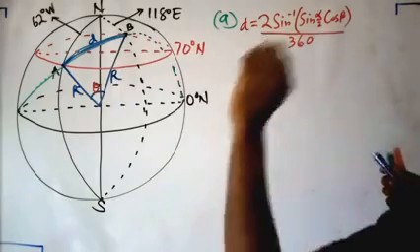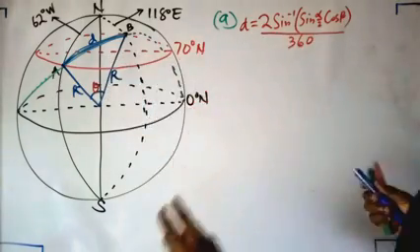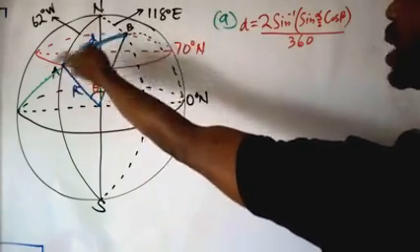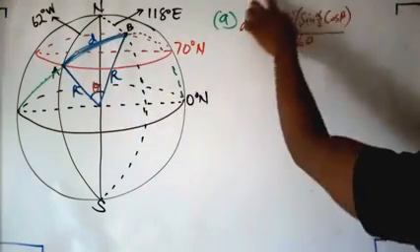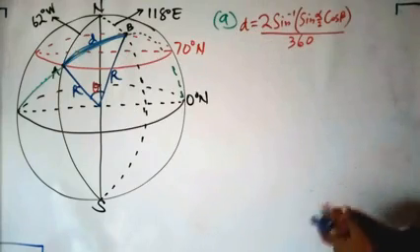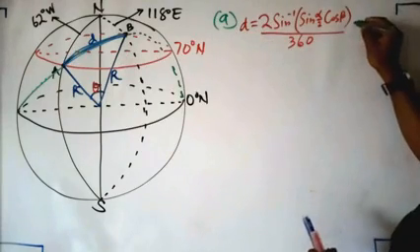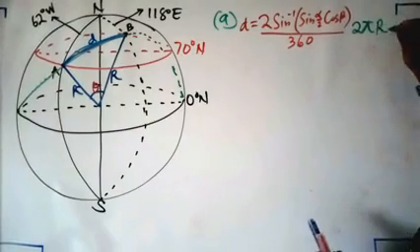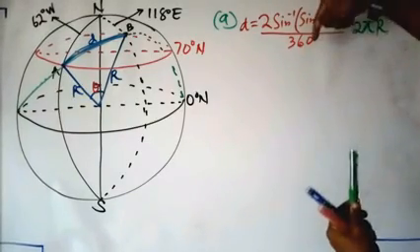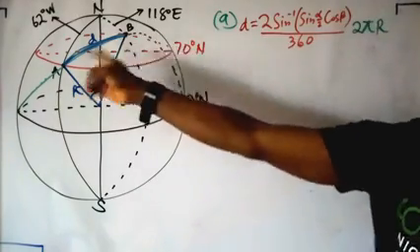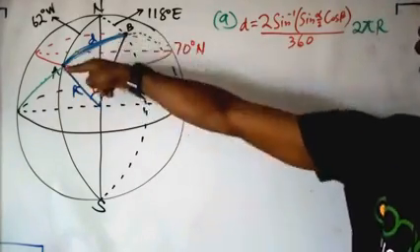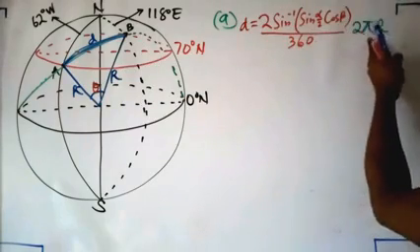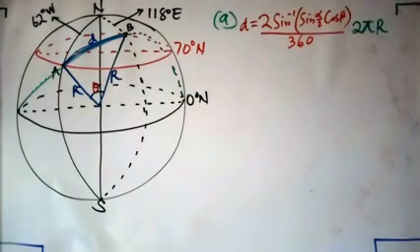To find the angular difference where you have 2 points on the same latitude and you're looking for the distance between them along a great circle, this is the formula that will help you to find the theta. Then you now complete the formula for 2 pi r. You know the formula is theta over 360, 2 pi r, because they are on the same great circle now. So this is my theta right here, and this is my 2 pi r.